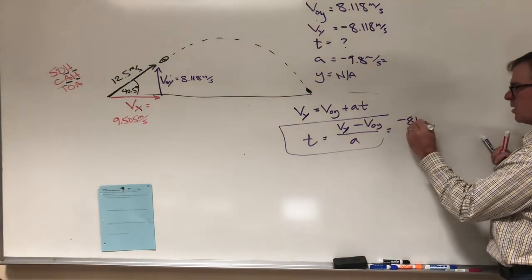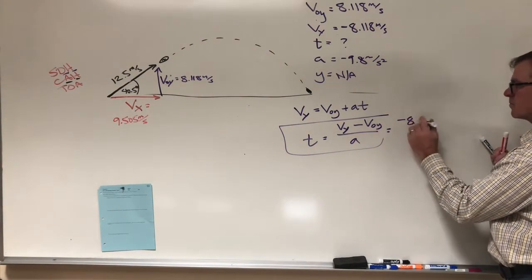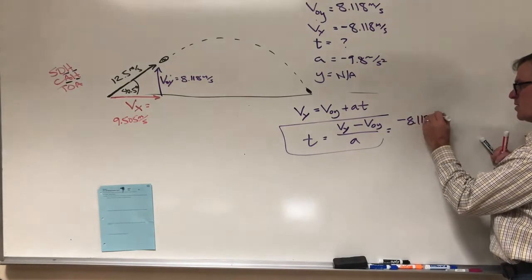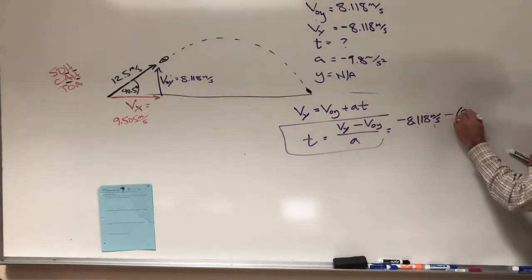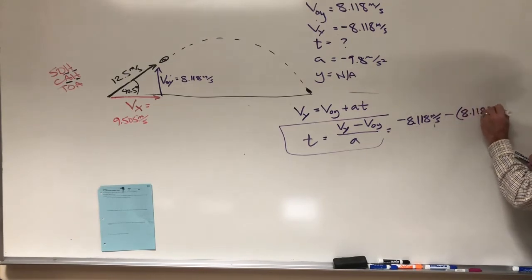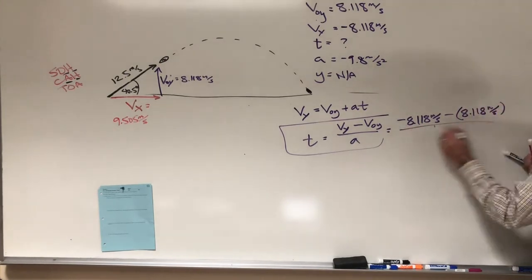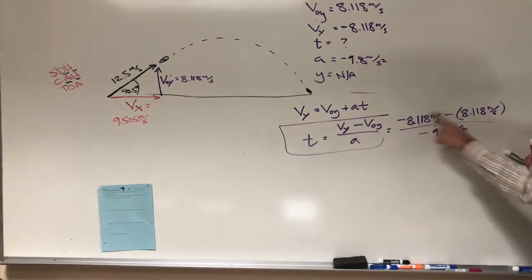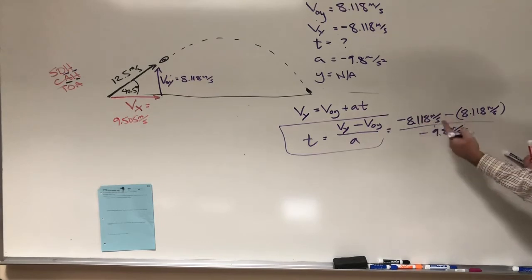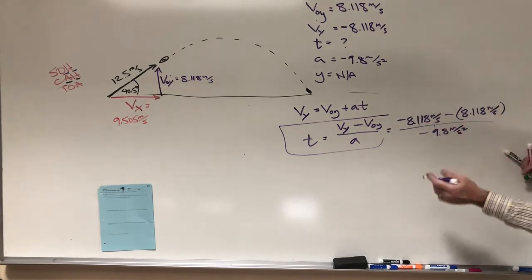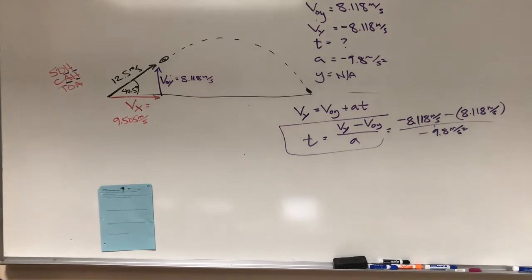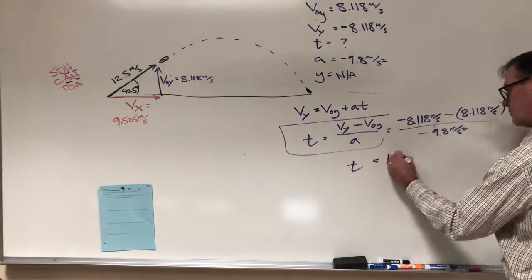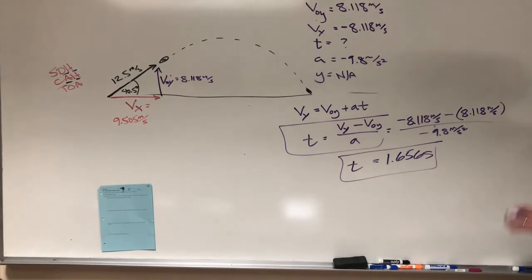Negative 8.118 meters per second minus a positive 8.118 meters per second over negative 9.8 meters per second squared. Now this is really like adding the number up twice. It's just negative 8 plus negative 8, which is negative 16.2 something. The time you would get is 1.656.